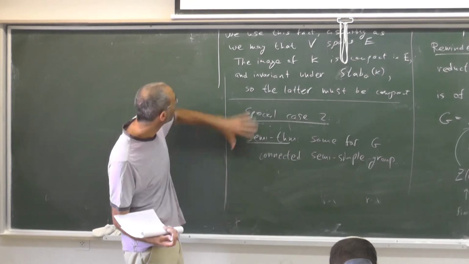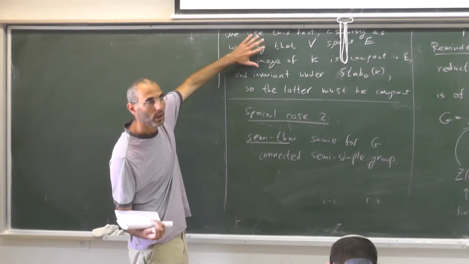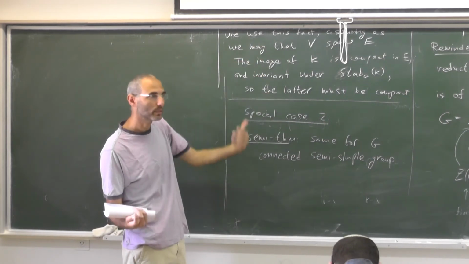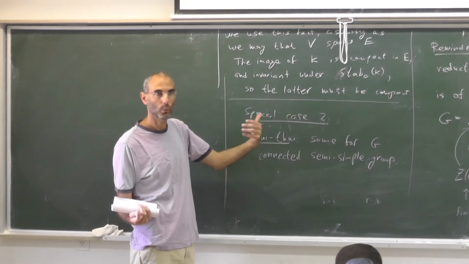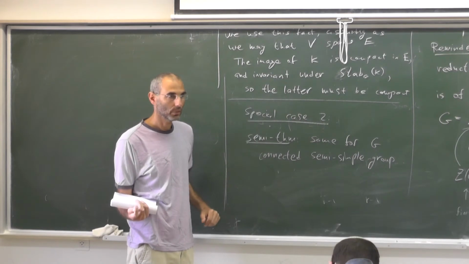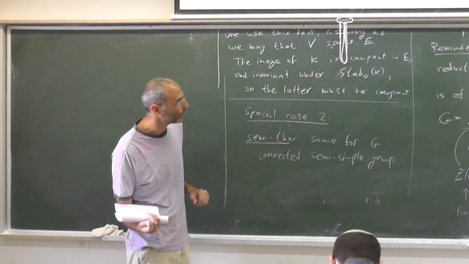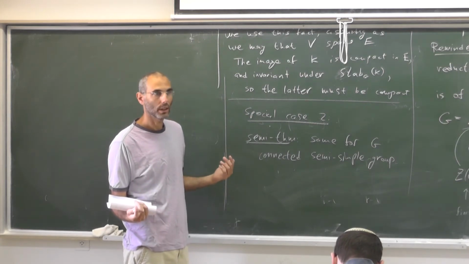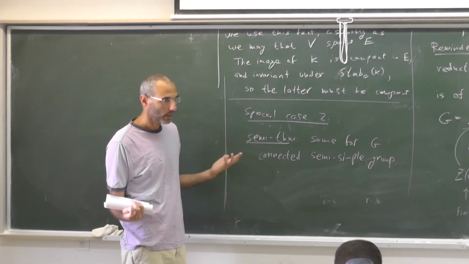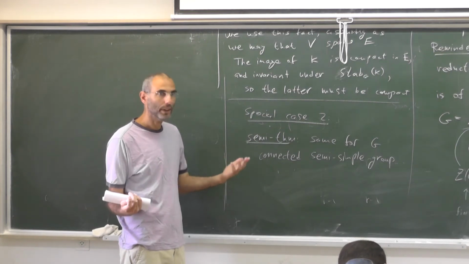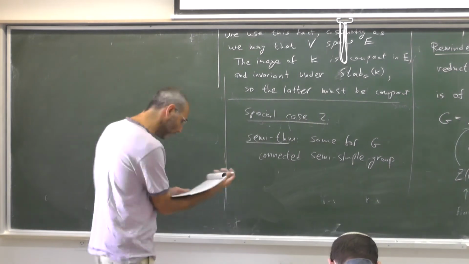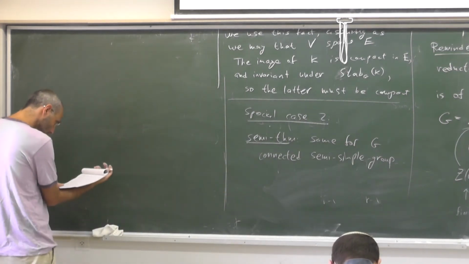Case 1 will help me extract something compact in it, because the structure of this normalizer is pretty close to being a finite extension of a torus. Let me explain.